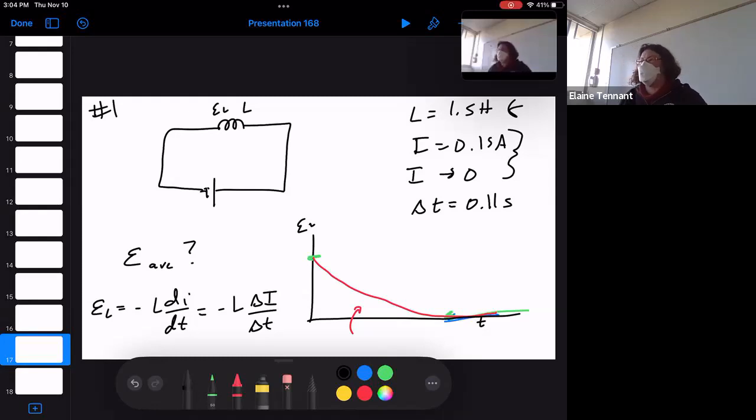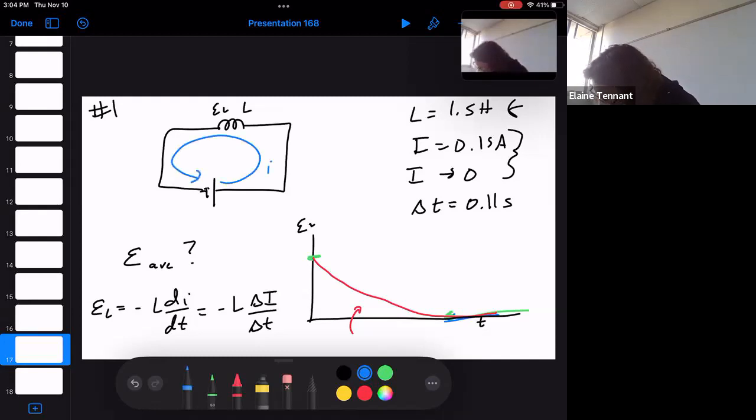Right? Counterclockwise, from the positive to the negative. Excellent. So this was the I before, right there. Then the switch opened. This went to 0, and this EMF was generated.